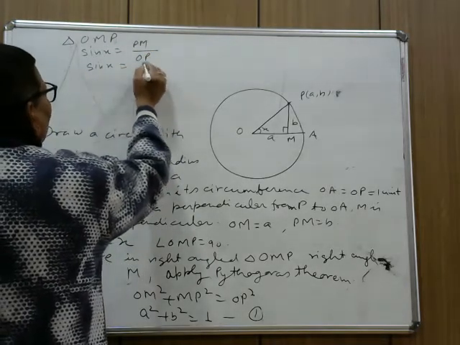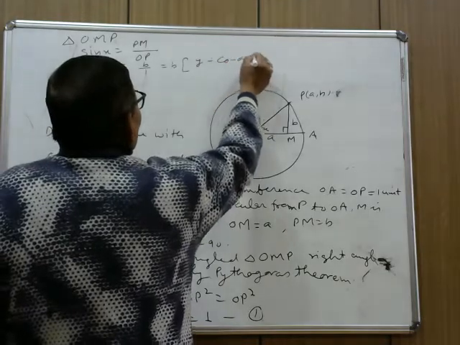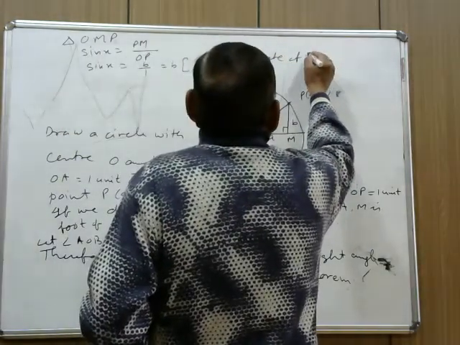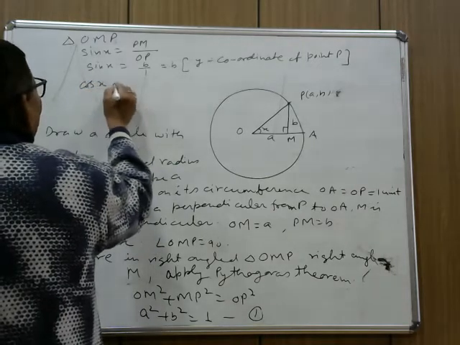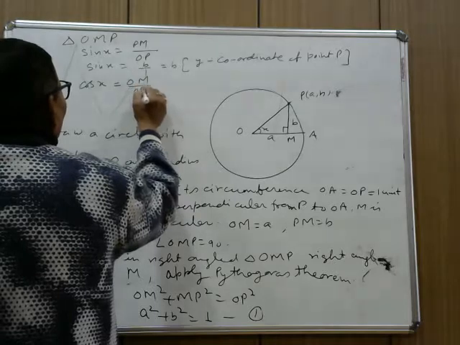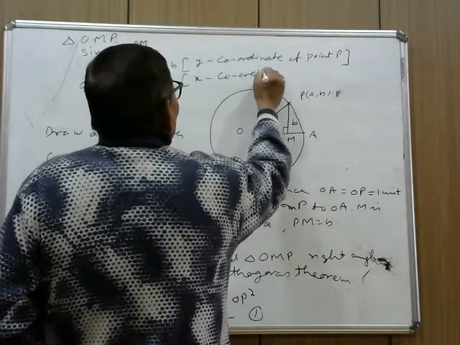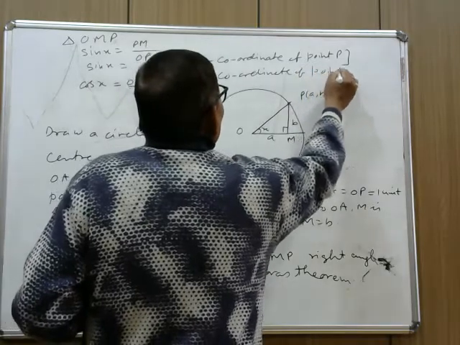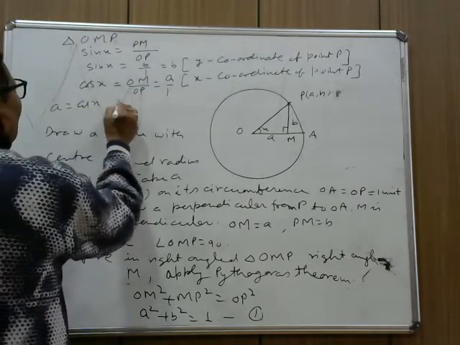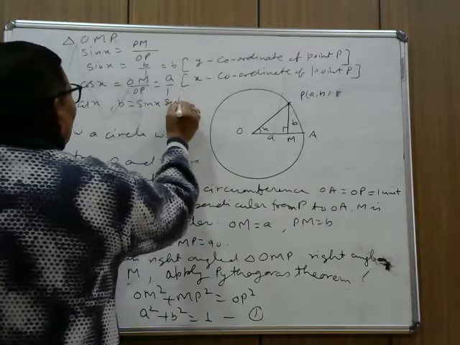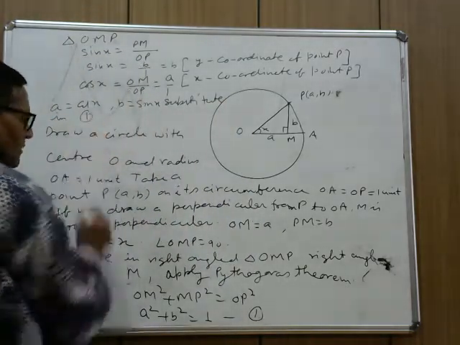Sin x is equal to PM, that is b, upon 1, that is equal to b, which is the y coordinate of point P. In the same triangle, cos x is equal to OM upon OP, that is a upon 1, which is the x coordinate of point P. So in this way, the value of a is cos x and the value of b is sin x.